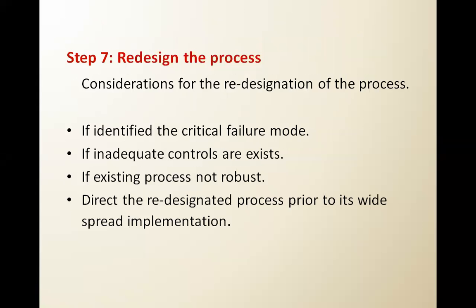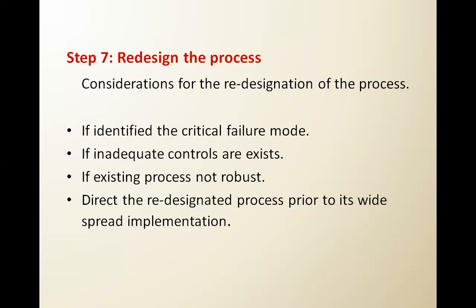The next step is to redesign the process. Initially we identified why the machine is jammed or why it is not working. So we will redesign. How do we redesign? We decrease the volume, we check the granules, we see how the die cavity is filling, or whether there may be a problem in the machine that imparts the pressure.